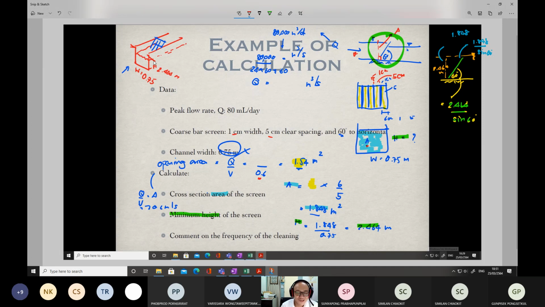Remember that this is just a water height, the water level's height. As the screen is not a swimming pool, we need to leave some space here. This space is normally called a freeboard. So the water is maybe just 15 to 30 centimeters below the actual height of the channel. So the space between the water level and the actual height is normally called a freeboard.